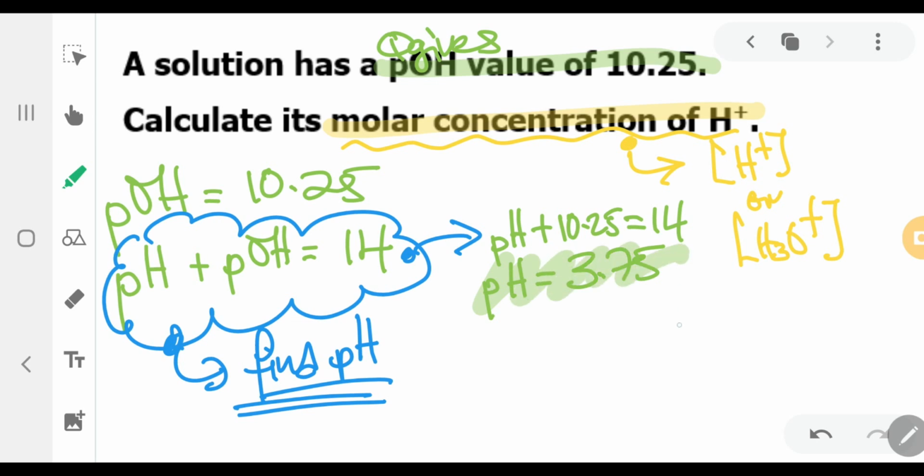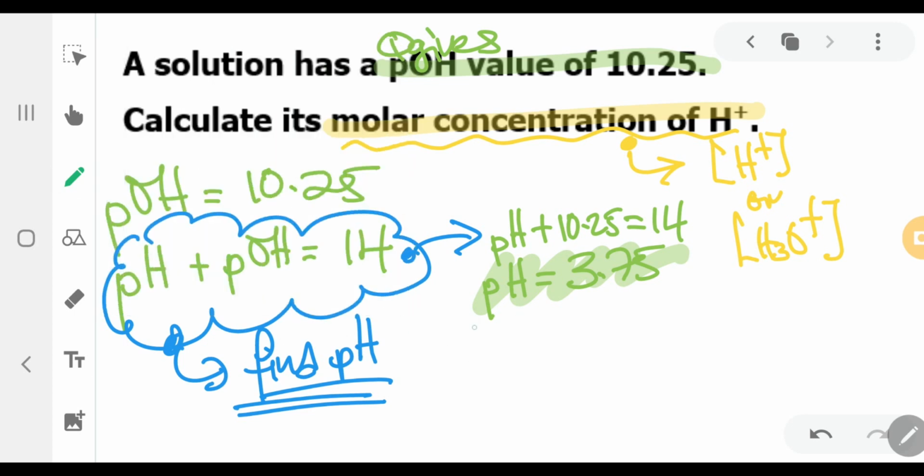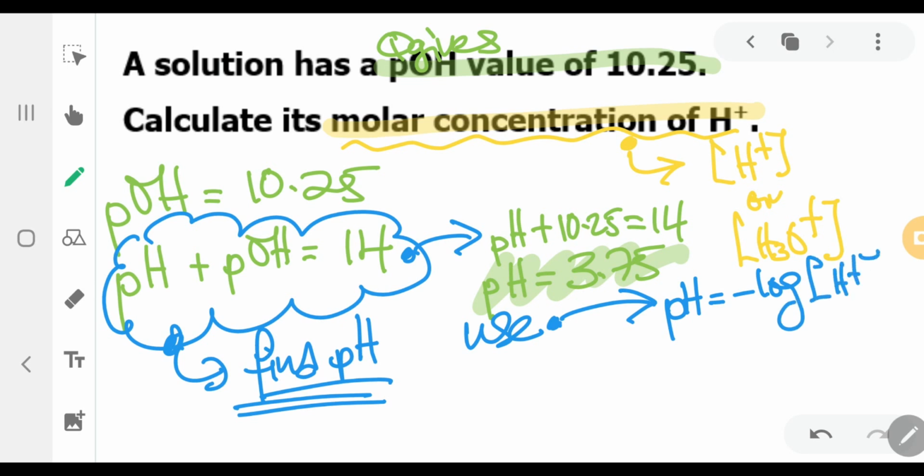Okay. And we do know that from this value here, we can use this to find the concentration of H+. So now, from there, we're going to use pH equals to negative log concentration H+. The value of pH is 3.75. 3.75 equals to negative log concentration of H+.